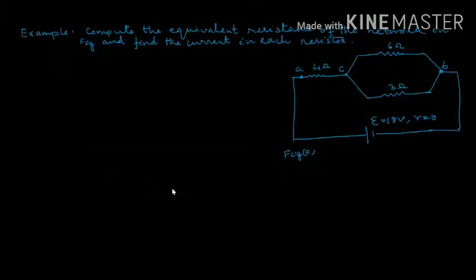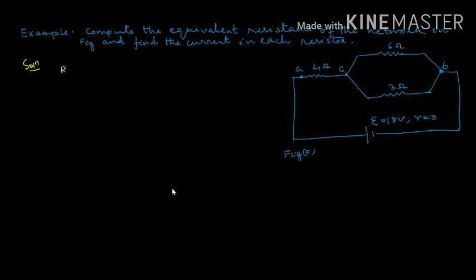Let us work out the problem. Compute the equivalent resistance of the network in the figure and find the current in each resistor. Solution. First, we have to calculate the equivalent resistance between C and B. Between C and B, 6 ohm and 3 ohm resistors are connected in parallel.